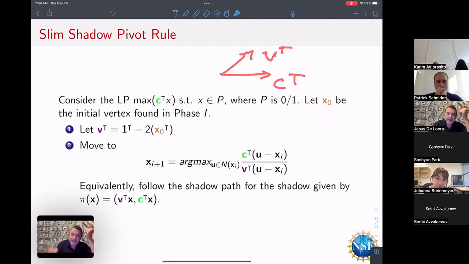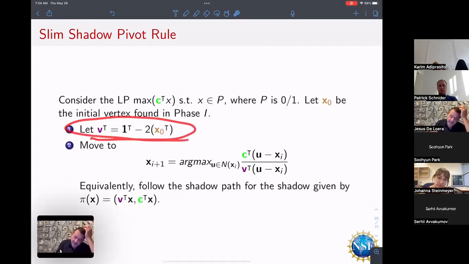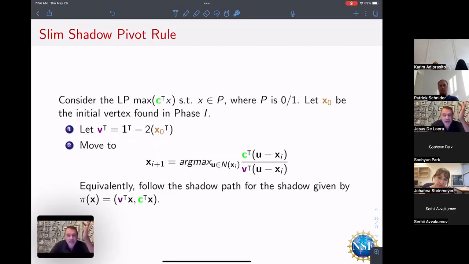So how do I choose this second objective function to do the shadow vertex pivot rule? I take a very specific second objective function, which is actually highly degenerate. Okay, but essentially you still get a shadow.